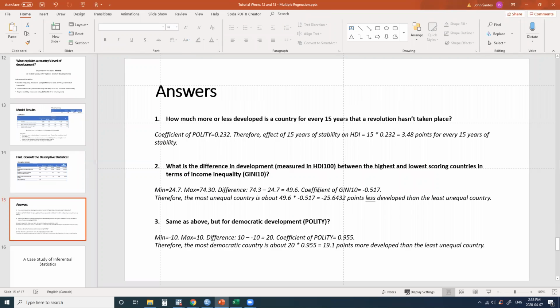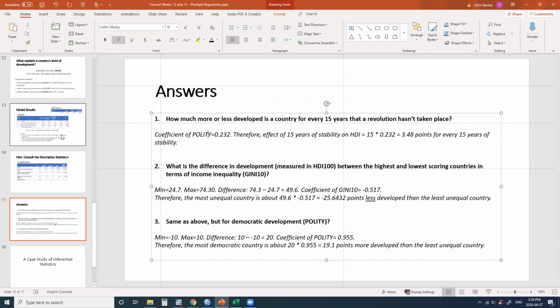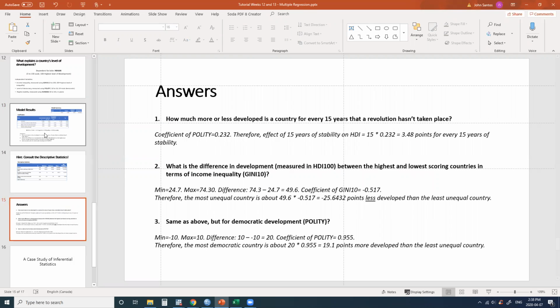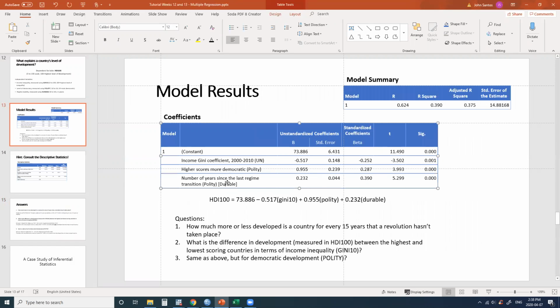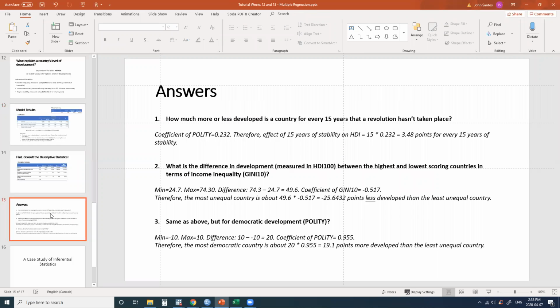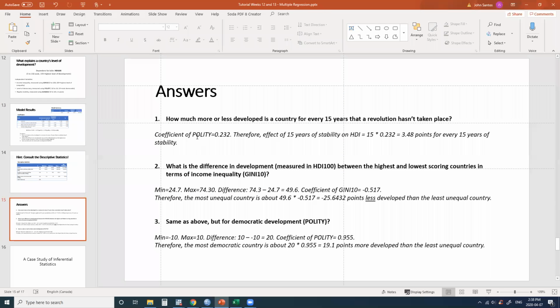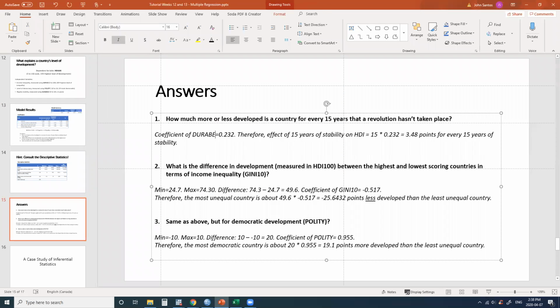And so the answers to these questions, for every 15 years, right? So the coefficient of durable, which is a measure of regime stability, is 0.232.